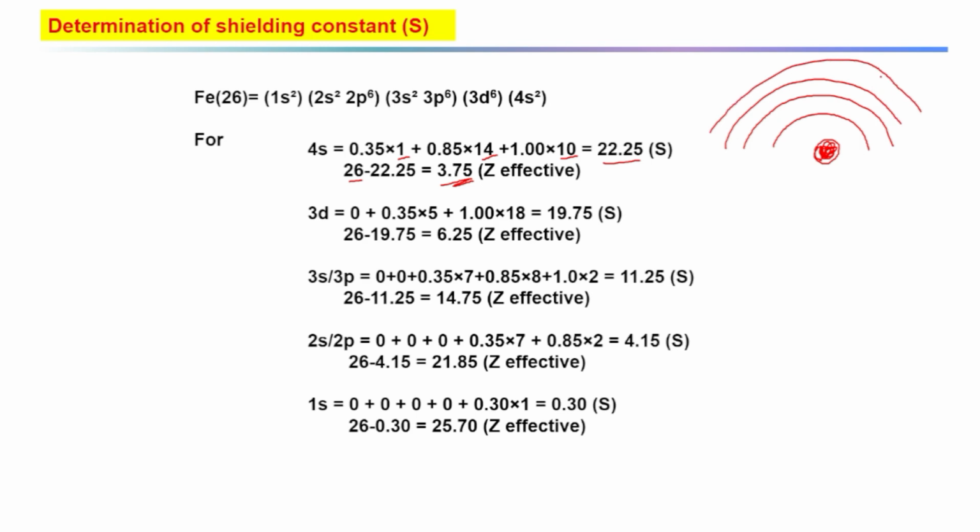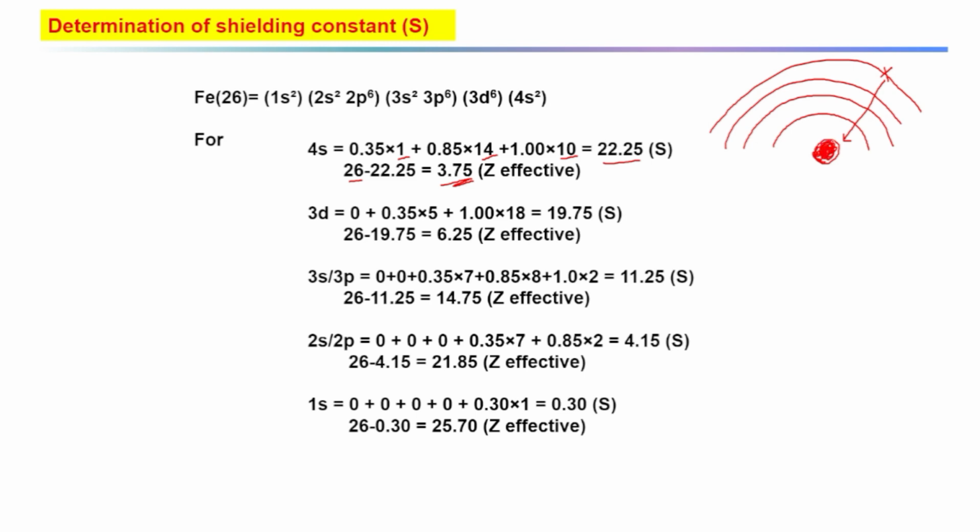Now just assume these are the 4s electrons here, and we have all the other electrons before these 4s electrons. Each of these 4s electrons will think that there are only 3.75 protons, though actually we have 26 protons.